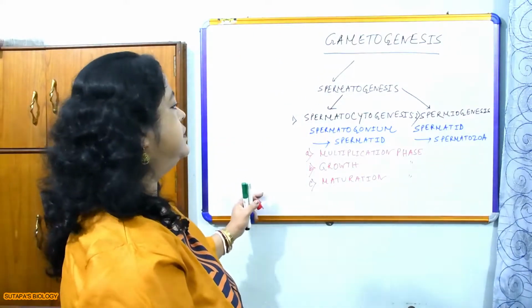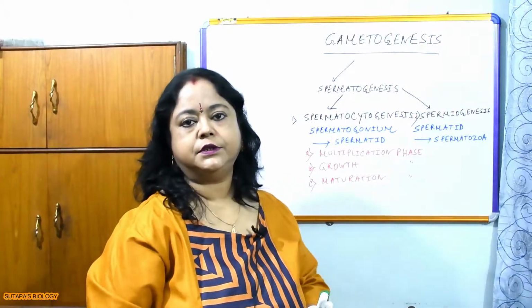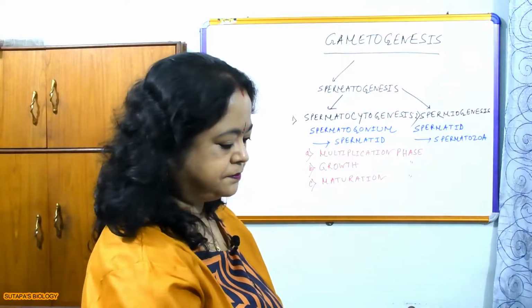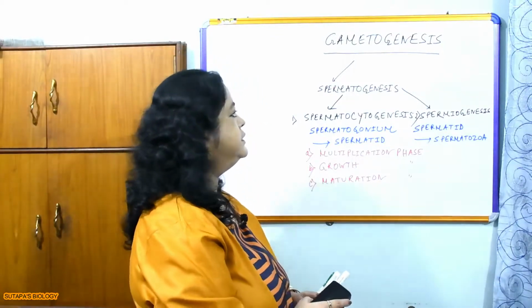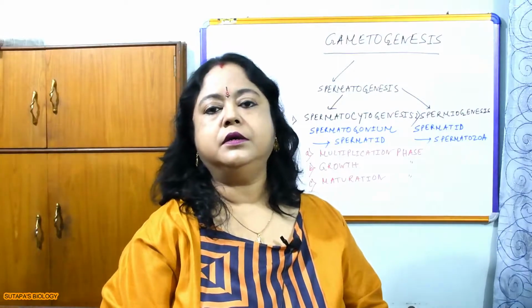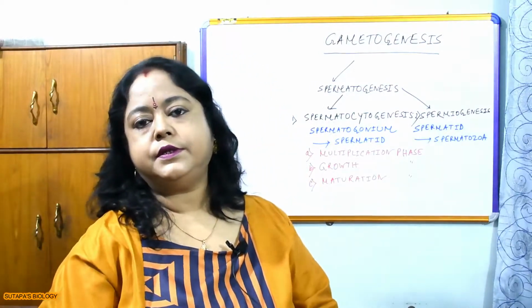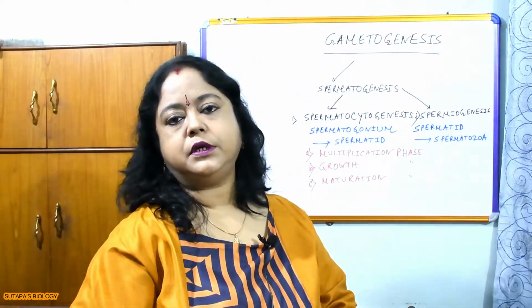So up to this takes place in spermatocytogenesis. Now I am giving the diagram of this. Spermatogenesis takes place after the puberty with the effect of the testosterone, and the testosterone is produced by the Leydig cells. Another cell is there, the Sertoli cells, within the germinal epithelium.